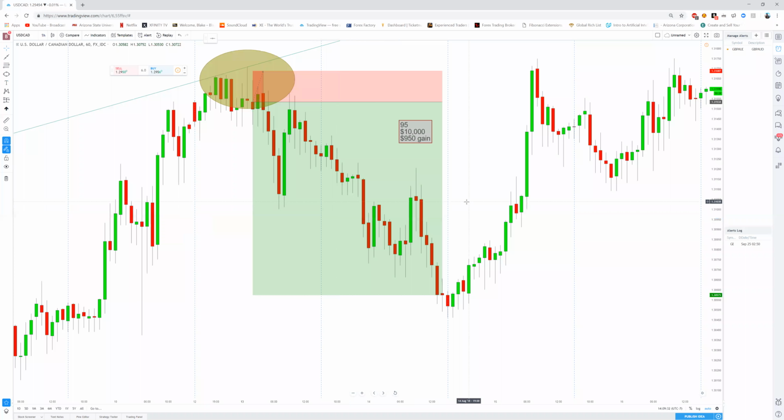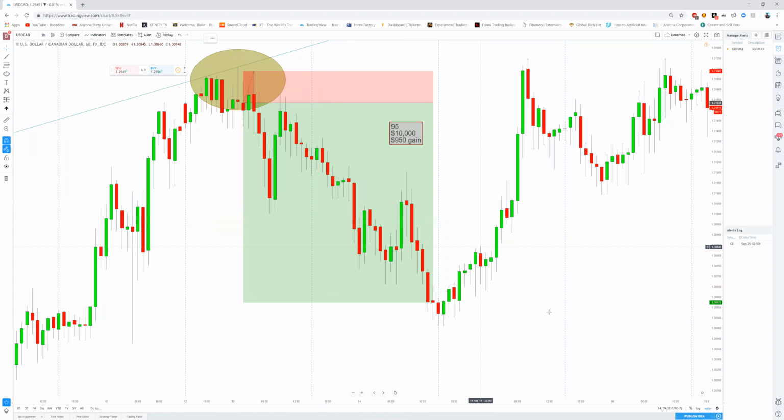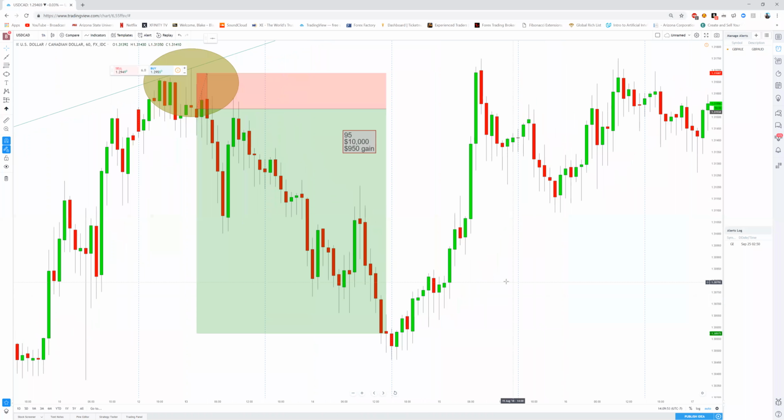Again, that's almost 10% on your account on any size of account. For $1,000, it's really simple to do. You would just divide by 10, so you'd actually make $95. Still almost 10% on the account. The percentage is the same no matter what.